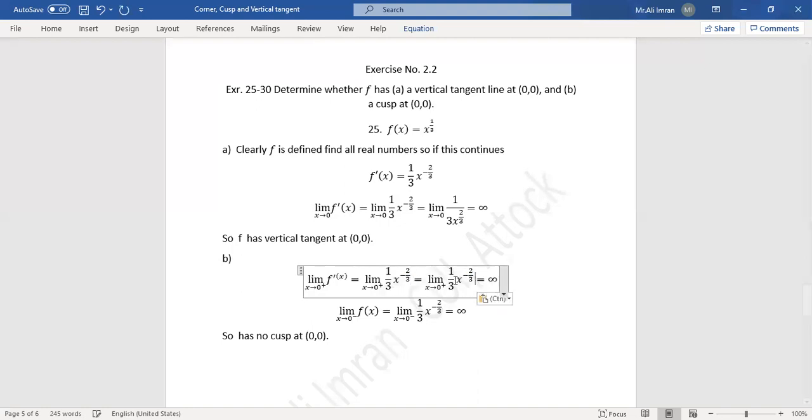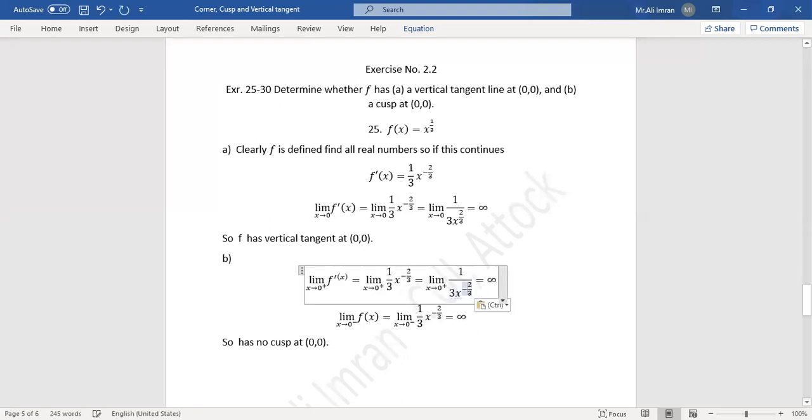We can simplify this as well. If we take it in the denominator, the power of x becomes positive, and this becomes 1/0, and the limit will approach positive infinity.